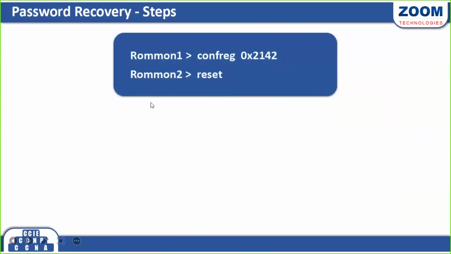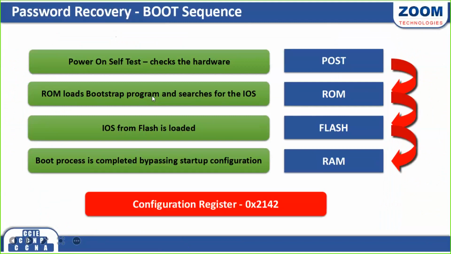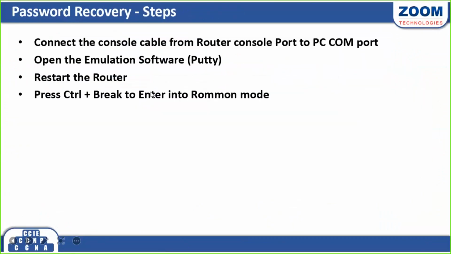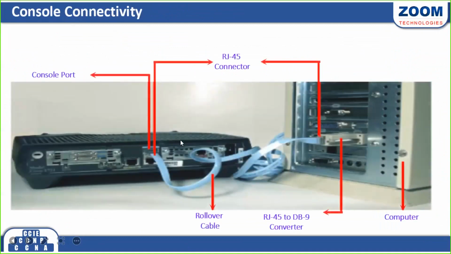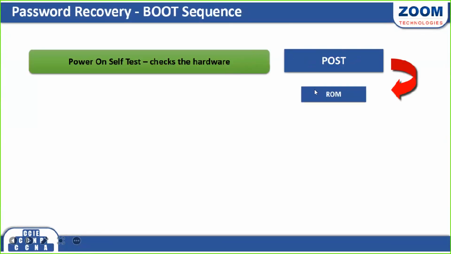Password recovery steps. So this is the first step: console connectivity. You know how to connect the PC to the router console port. Then we have to stop this boot sequence.